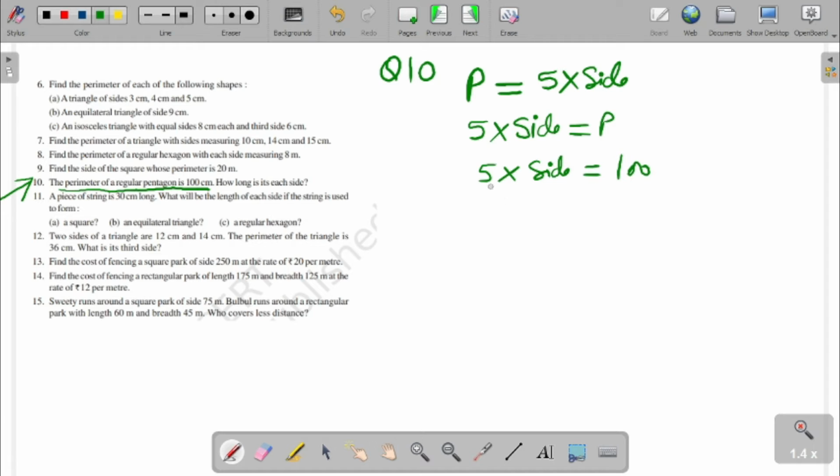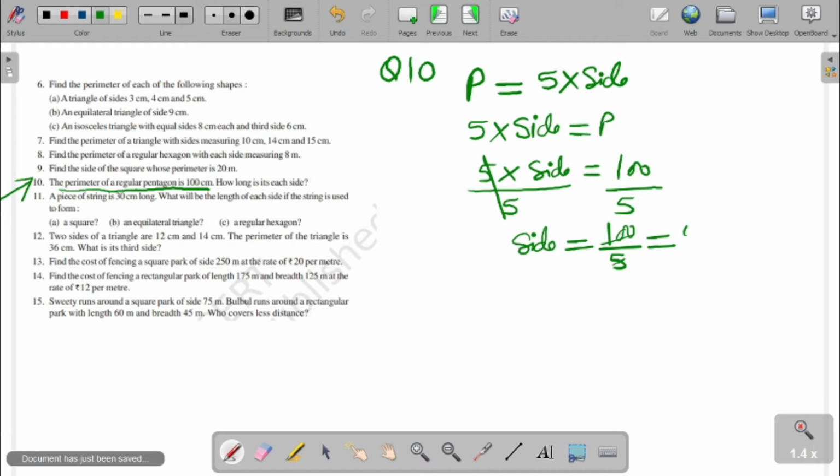In the next step, we divide both sides by 5. This gets cancelled, or we can write it as side equals 100 by 5, or if you cancel them, it will come as 20. So how long is each side?